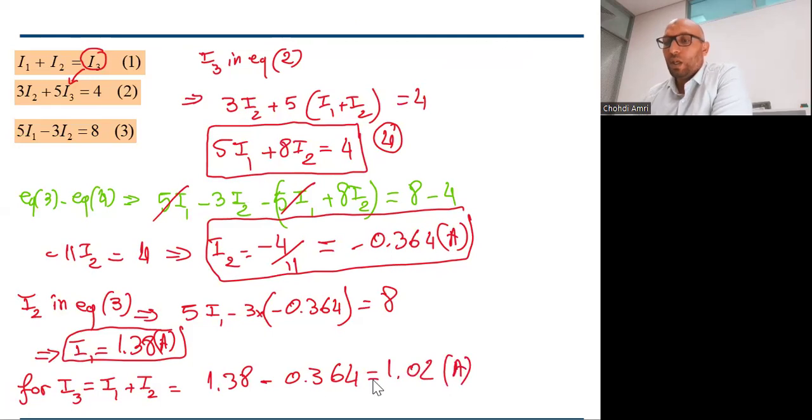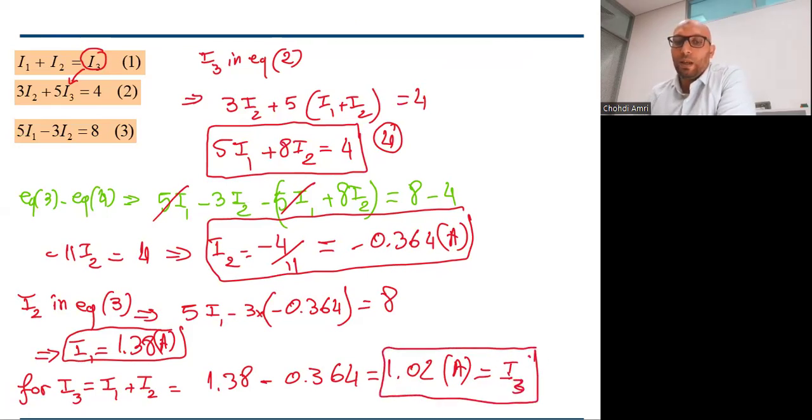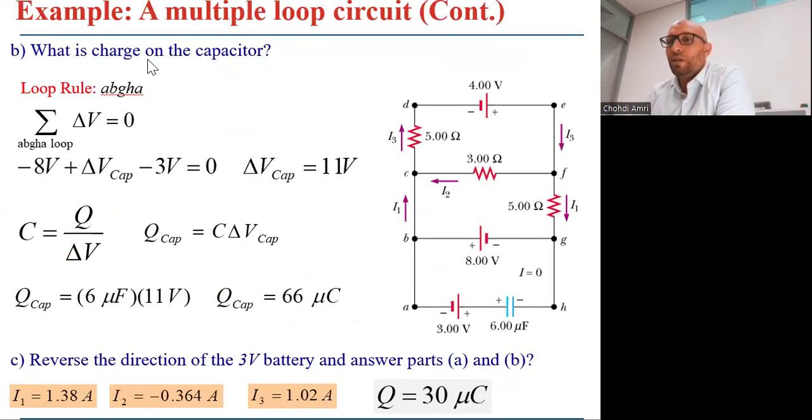And it's positive. So we can say that the real direction for I1 and I3 is the same as assigned, but for I2 it is opposite to the assigned direction. We are done. Let's move to the second part of this problem. What is the charge on the capacitor?